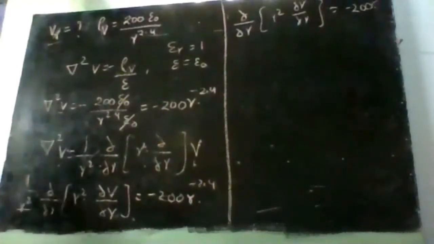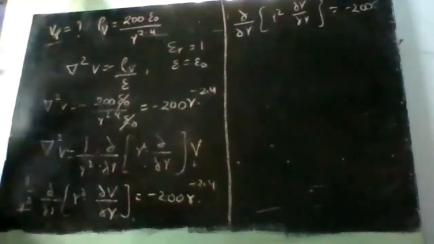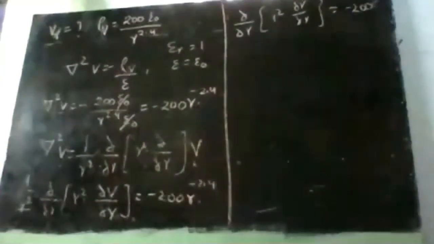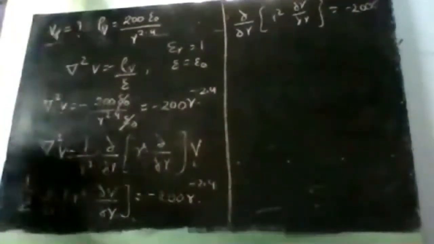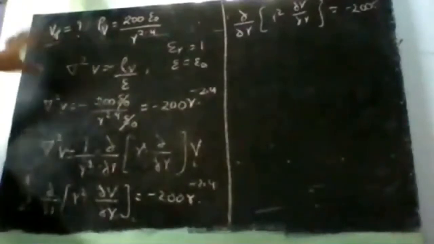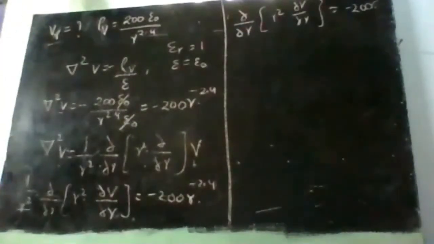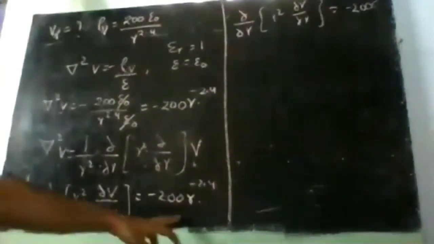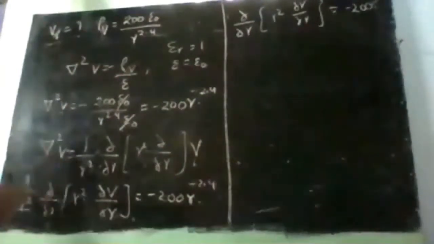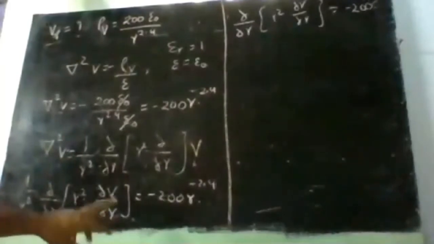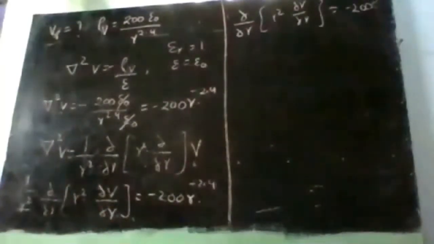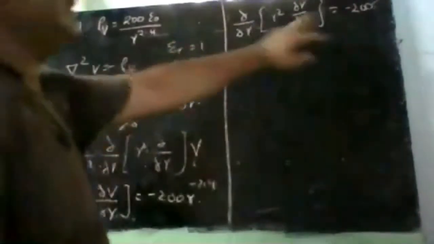In general it would be the full expression, but here we have been specifically asked to find the voltage as a function of r. So we consider only the r component and not the remaining theta and phi components. Correct?